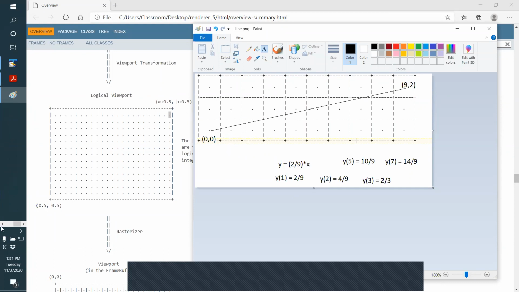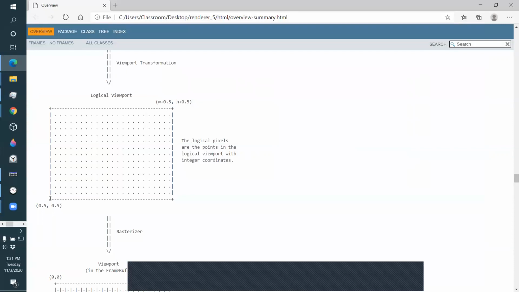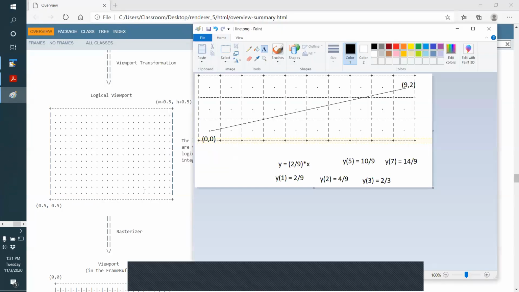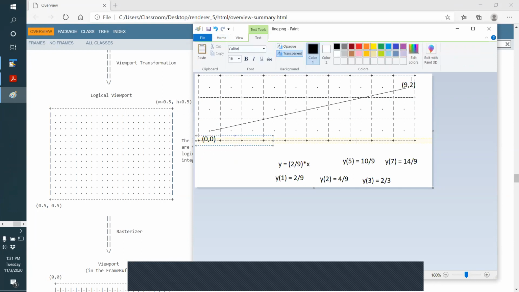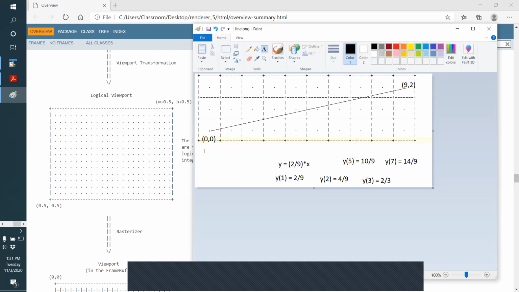But you're right, you did the transformation right. You ended up at that point, but then you round to that logical pixel. And we always start the line at a logical pixel. So I don't draw the line from this corner here to that corner there. The algorithm is not to draw the line from that corner to that corner.